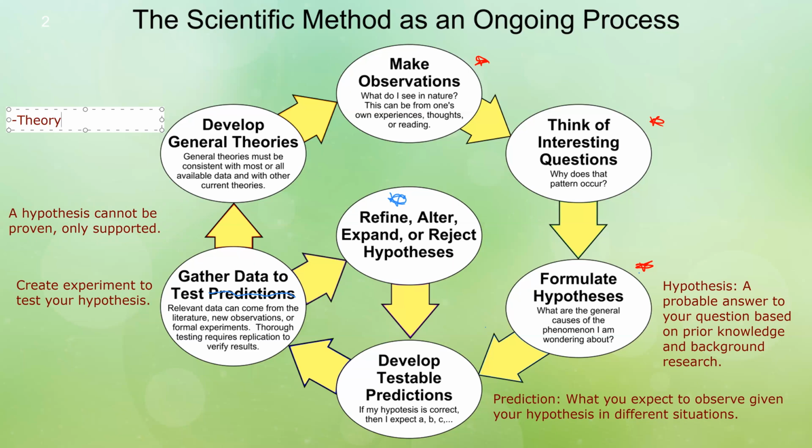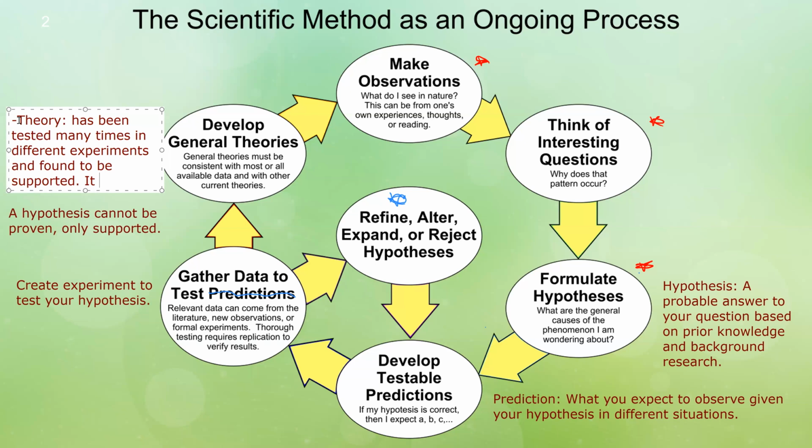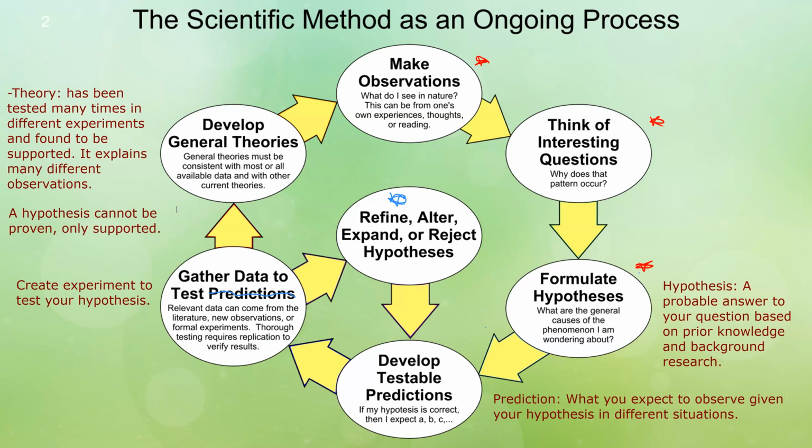So a theory has been tested many times in different experiments and found to be supported, right? It explains many different observations. Okay. So a theory has been tested so many times, we're like 99% sure that it's correct. Okay. Like the theory of evolution.